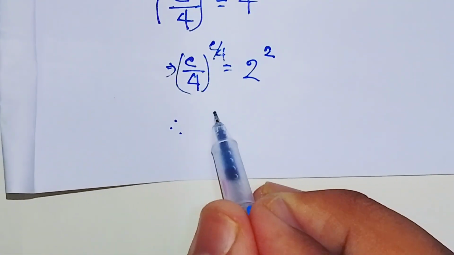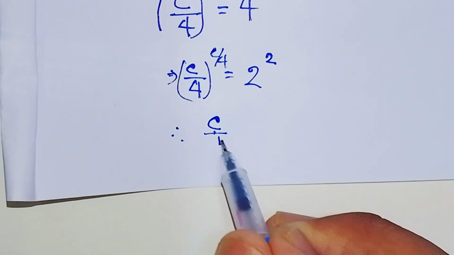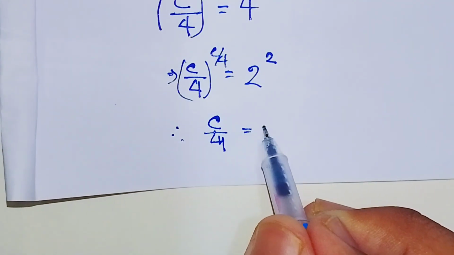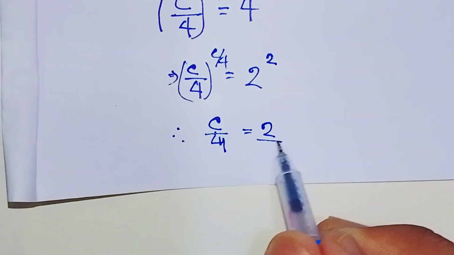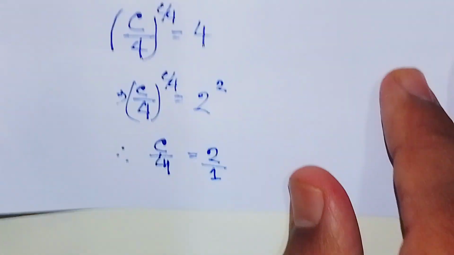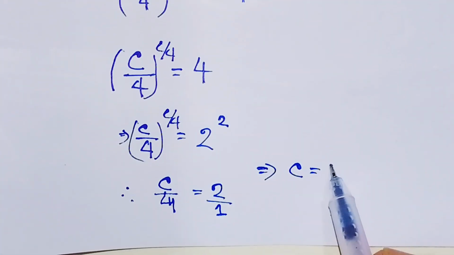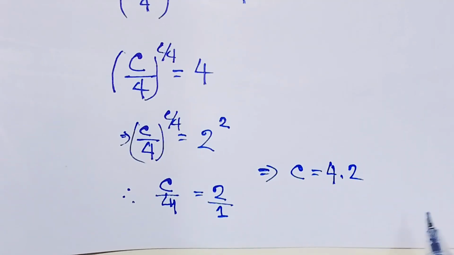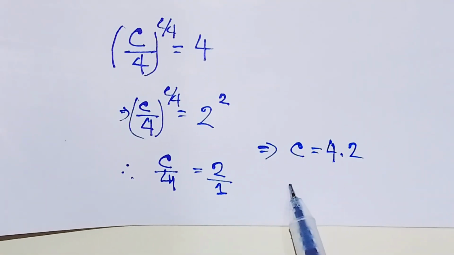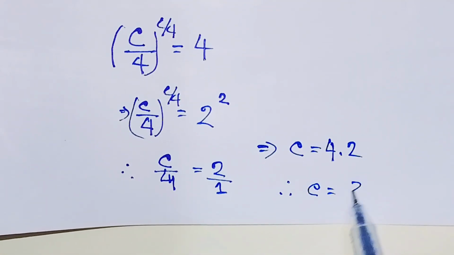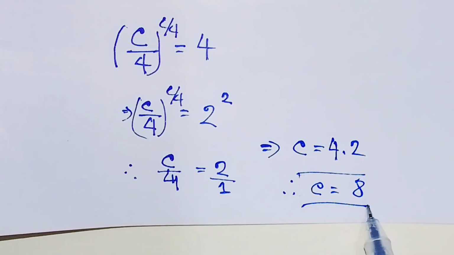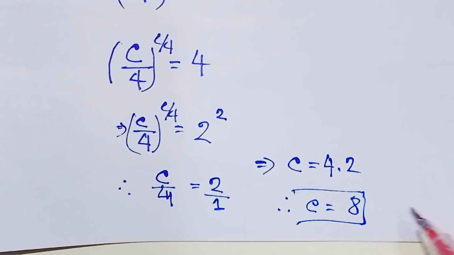So c to the power 4 equals 2 divided by 1. After that we can write c equals 4 times 2, then the real value of c equals 8. This is the answer.